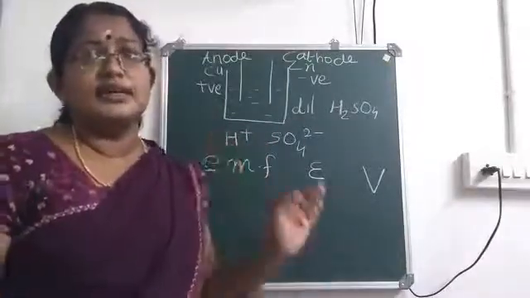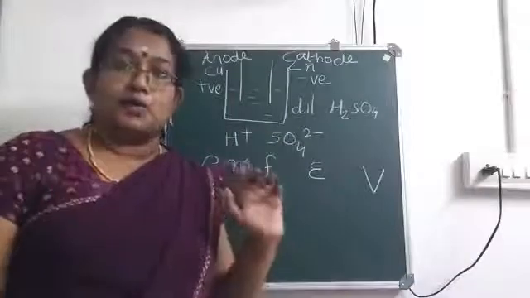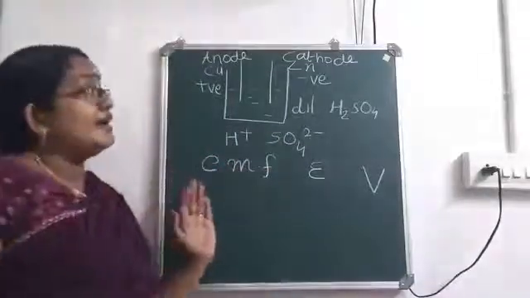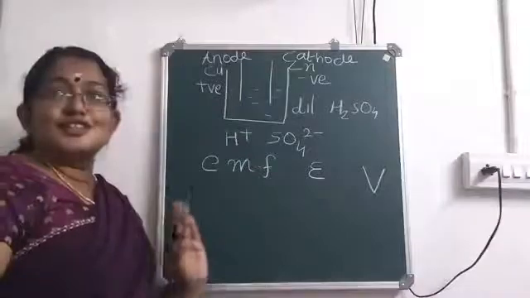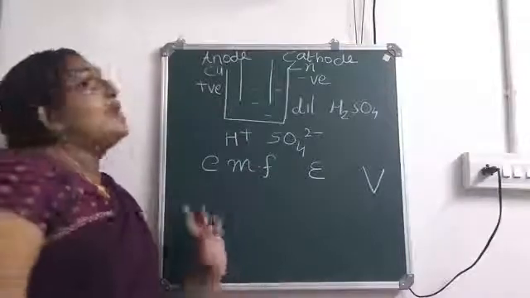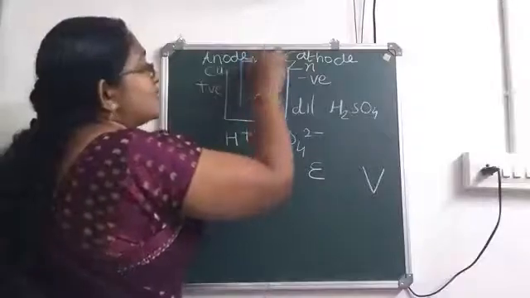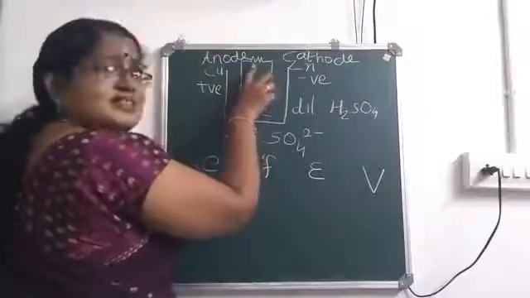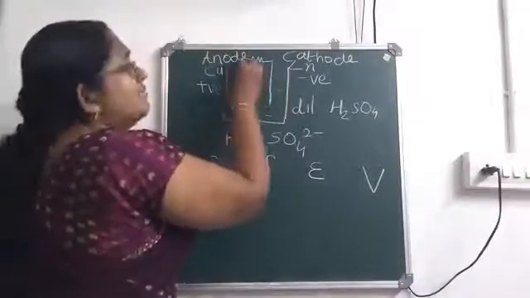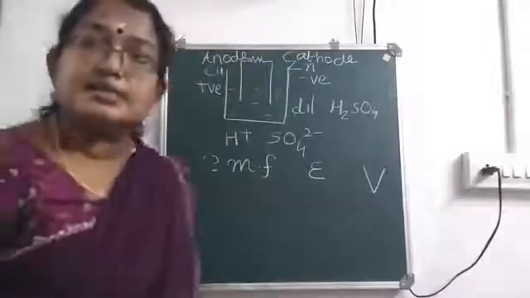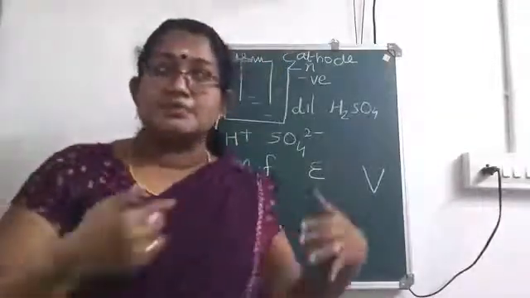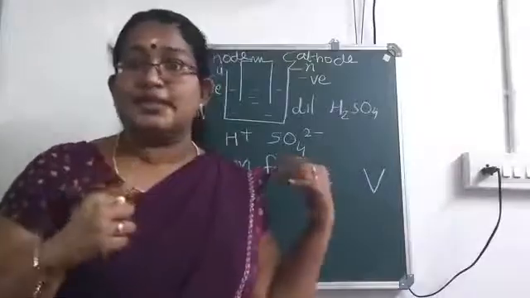So, is it clear about EMF? Now, here no current is drawn from the cell. If you are giving a connection in between the electrodes, I am connecting, what is this? This is a resistor, isn't it? So if I am giving a connection between the terminals, then it becomes a closed circuit, isn't it?